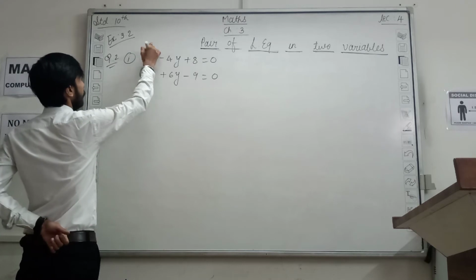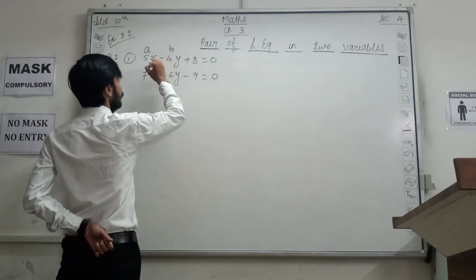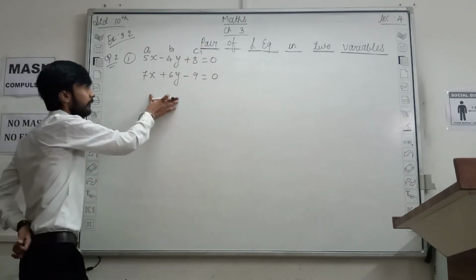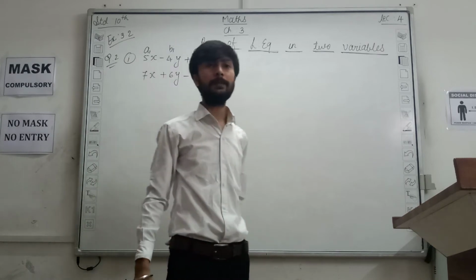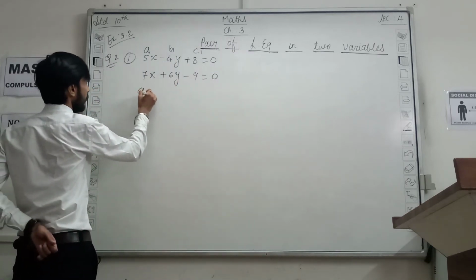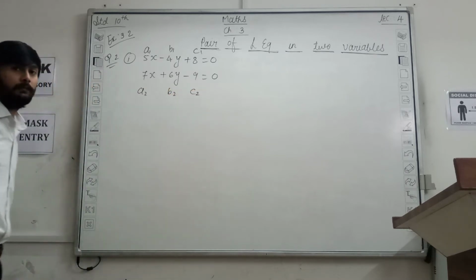So A1 is 5, B1 is minus 4 and C1 is 8. Second linear equation A2x plus B2y plus C2 equals 0, so A2 is 7, B2 is 6 and C2 is minus 9.